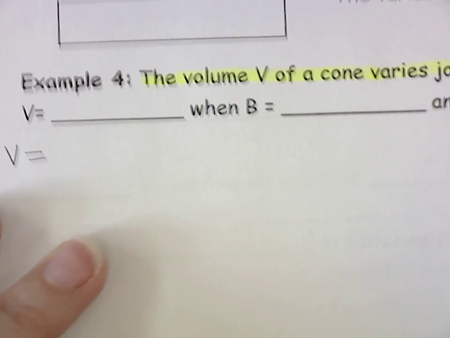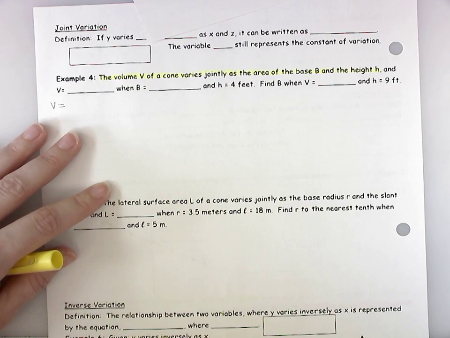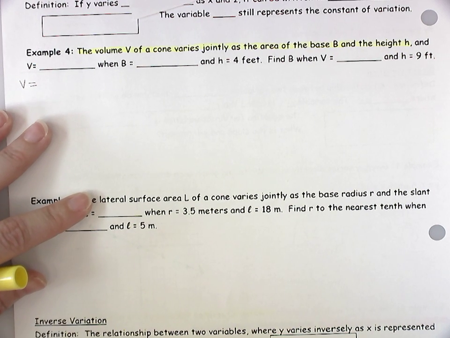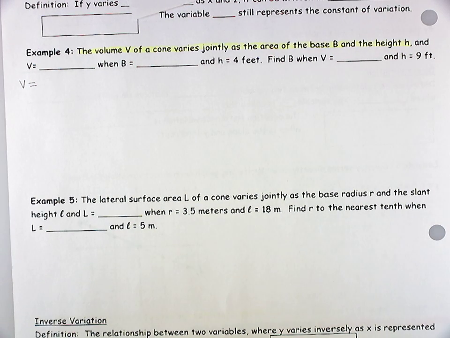Do you think you can write your equation based on that information? I think you can. Give it a try, and you can use your equation above to help you.